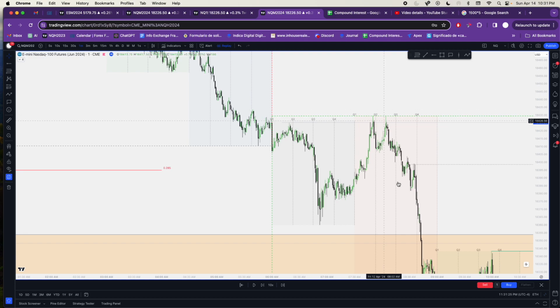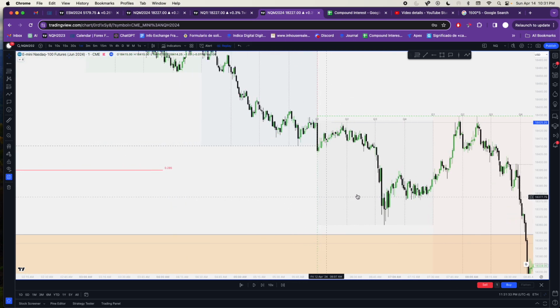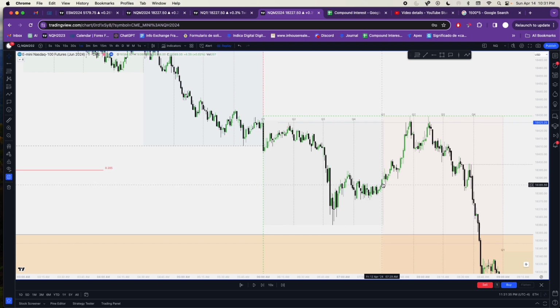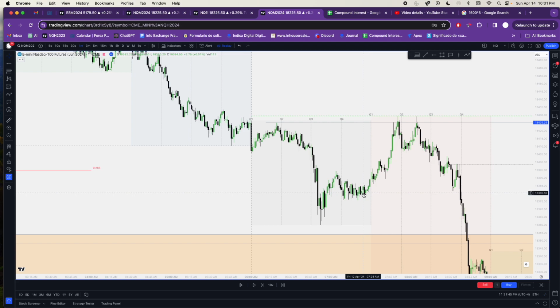Boom, run up, then down. Okay. We accumulate. And look how we go into a new quarterly shift with this fair value gap. Boom, respect, boom, boom. Accumulation. There's no distribution extension, but this is just your market maker model. Stage one, stage two, boom.